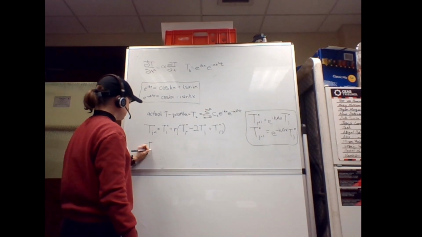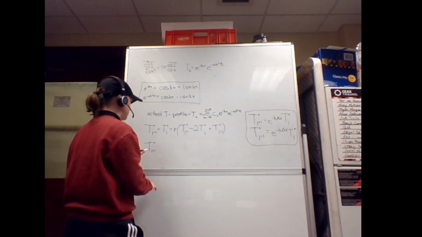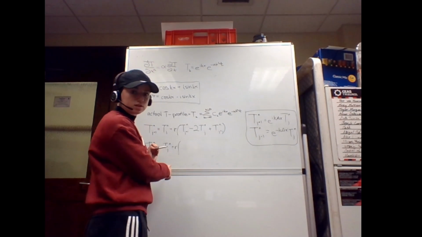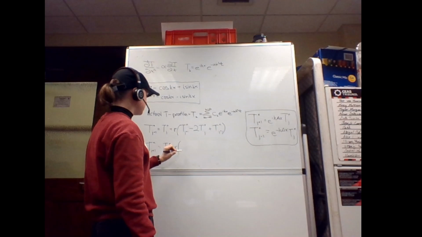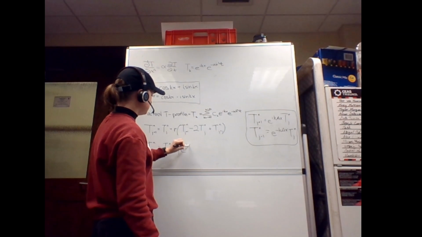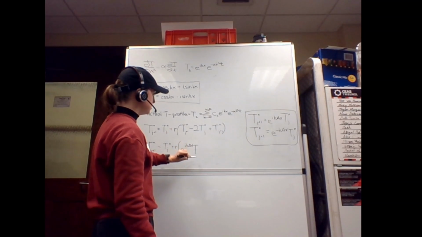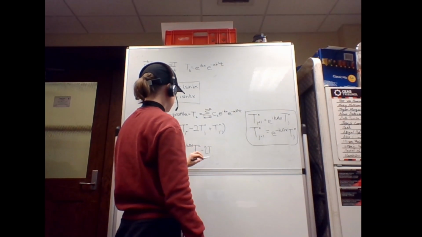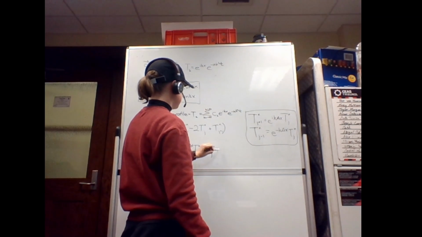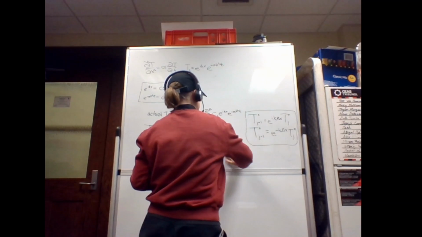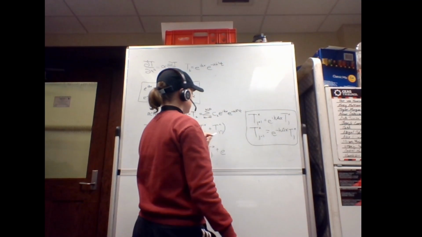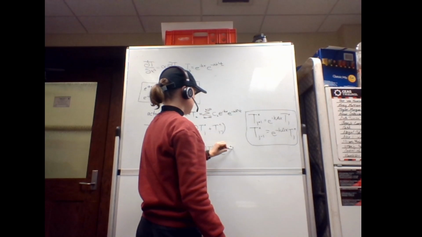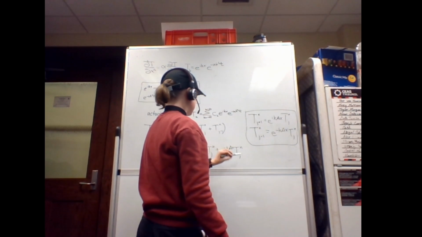So T_j^(n+1) is equal to T_j^n plus r, and now T_(j+1) is e^(ik Δx) T_j^n, minus 2T_j^n, plus, plugging into T_(j-1), e^(-ik Δx) T_j^n. Awesome.